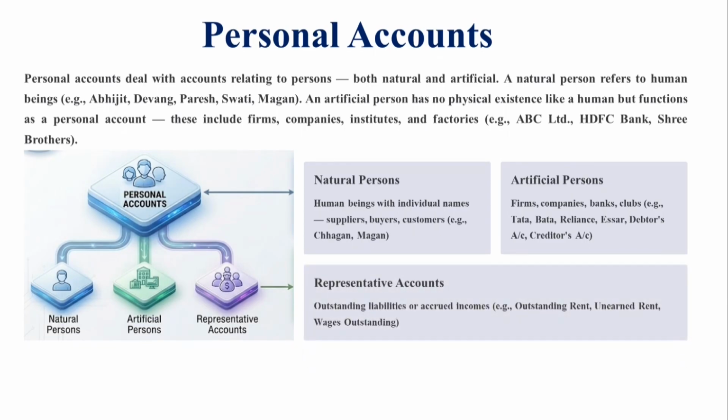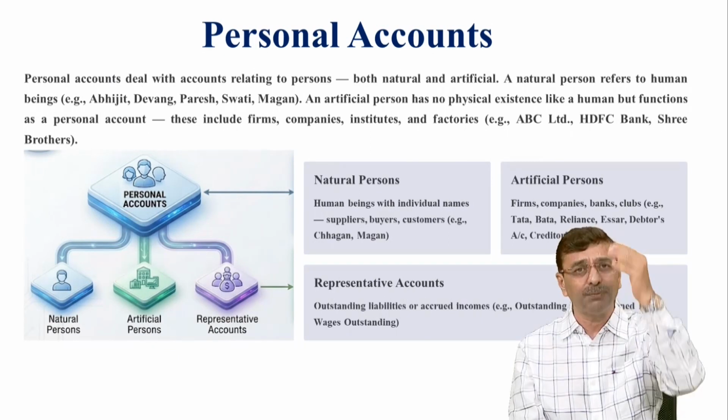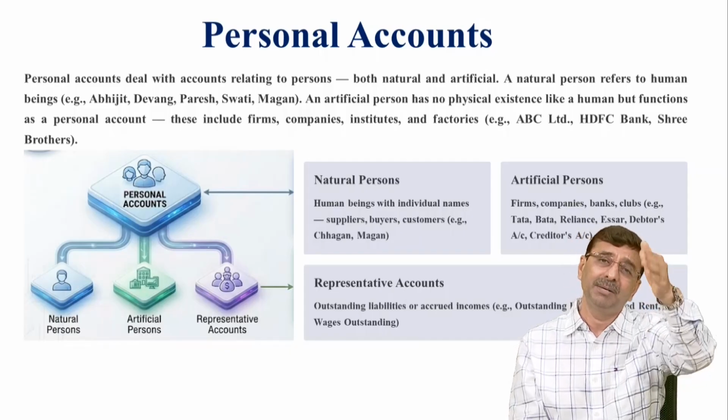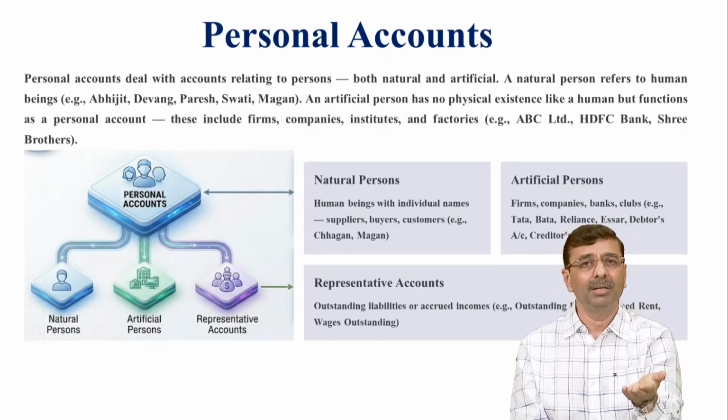And one more is the representation of accounts, which is again considered a personal account. Representation is like this: I have an outstanding income from certain people. So the income receivable from XYZ is the representation, called a representative account.